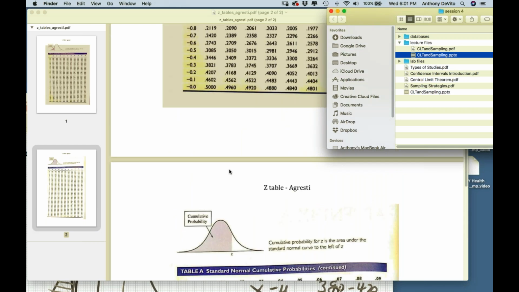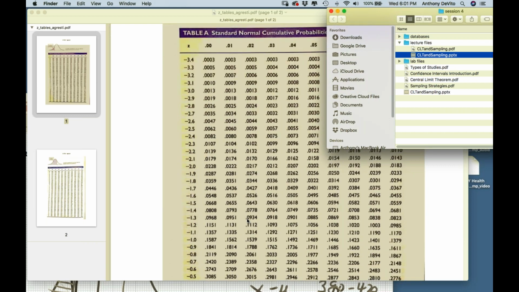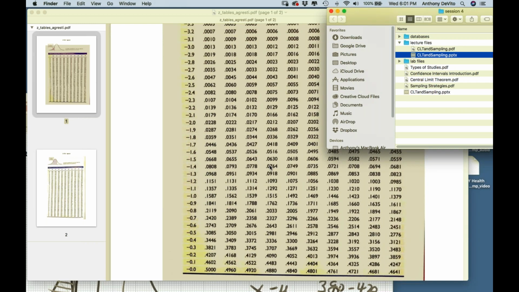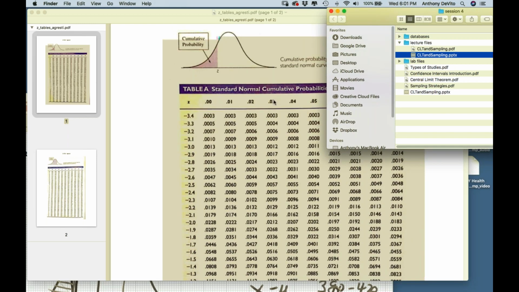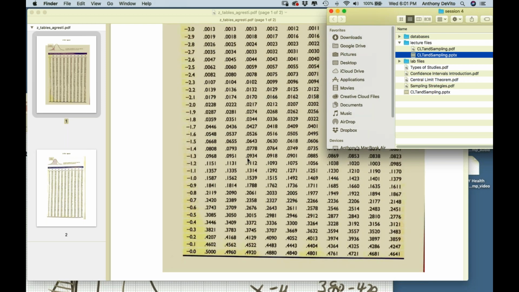Okay, so I'm going to look up the area of this distribution for the z-value 1.33. You recall that the third digit is in the columns, so 3 would be in this column. 1.33 is 0.0934.